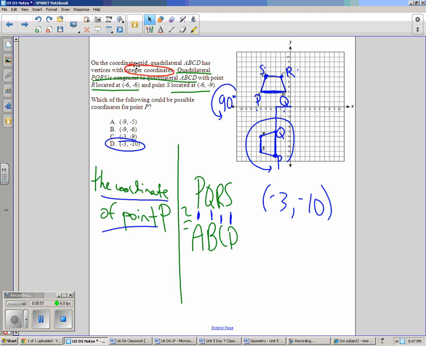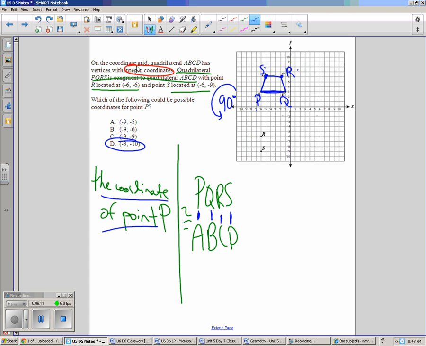Another thing you could do, if you don't like that method, the first few steps are basically the same thing. But what you want to do is label your various options. So let's say option A right here is -9, -5.